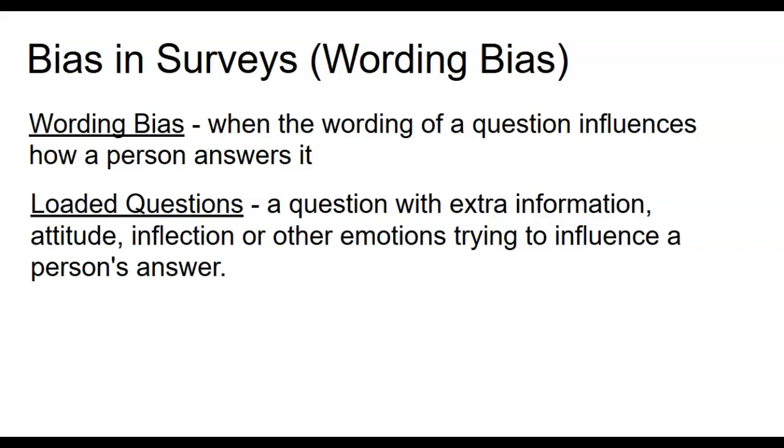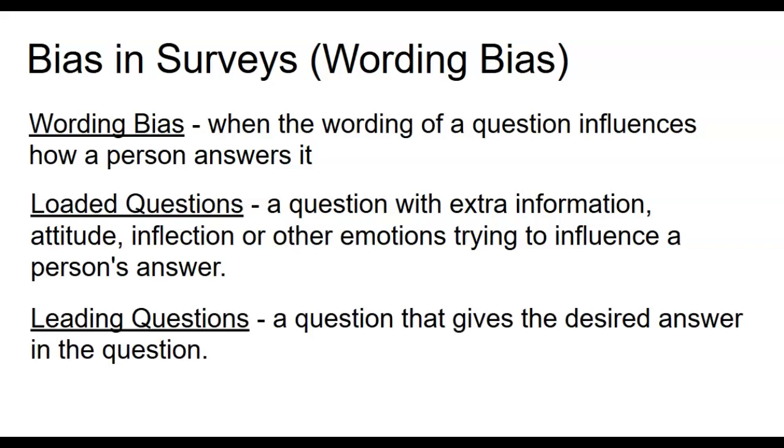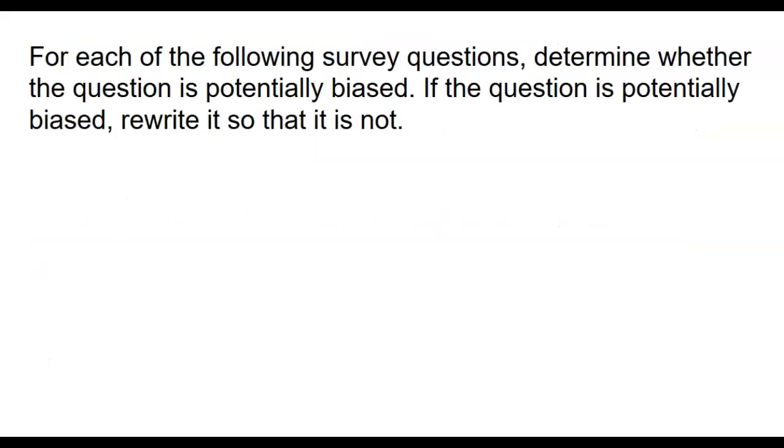This is often used when surveyors are looking to sway the results of a survey. Another type of wording bias would be leading questions. These are questions that give the desired answer in the question. You are actually leading the person to the answer you want them to give. This is also used when trying to sway the results of a survey.